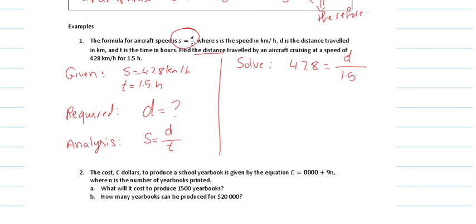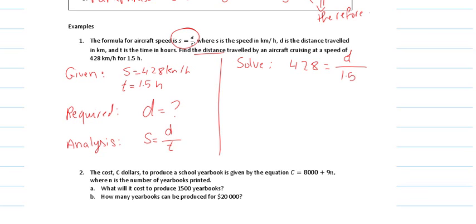Okay? Now, in order to solve for D, what do I need to do? Multiply, right? I want to get rid of that division by 1.5. What's the opposite of division? So when I bring the 1.5 over, it's going to be multiplied by 1.5, yes? This is what we've been doing for the past week, right? So if I multiply by 1.5, I have to do it for both sides.